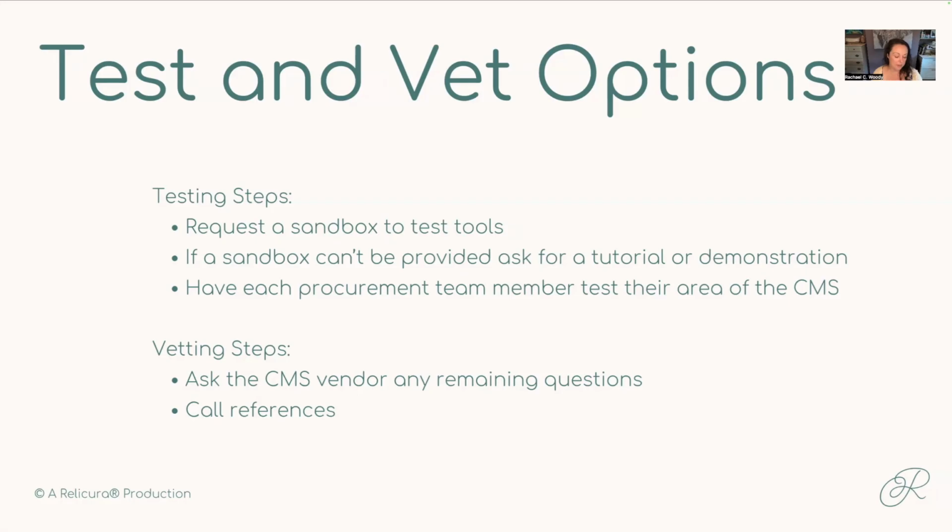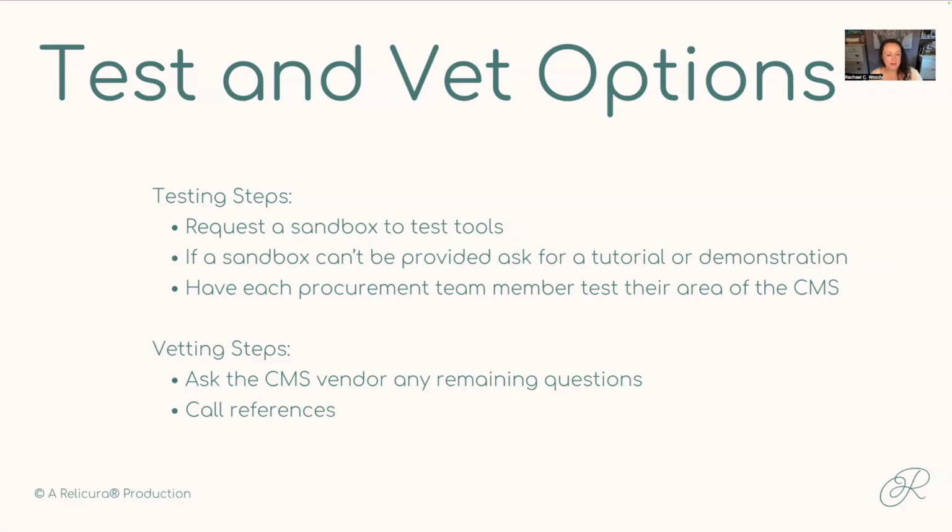If a sandbox can't be provided, then you definitely need to ask for a tutorial or a demo of the product. And you can specifically request to see areas that are of the most importance or most interest to you, which is to the benefit of the vendor because they want to make sure that they're being scored appropriately, which is completely up to you and what you need.